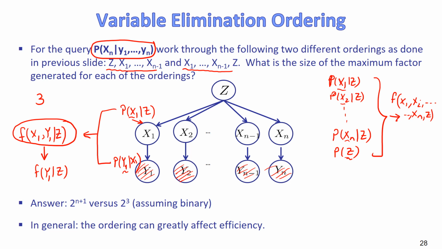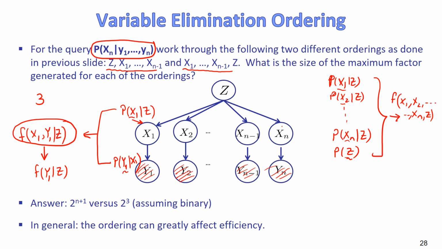So what we have here is that we start with the union of all the variables that appear before the condition, which are x1, x2, up to xn, and z also. And then after the condition, we put the rest. But we don't have any more variables. All of them actually appeared before the condition among the factors that we are joining. So we don't have anything after the condition.